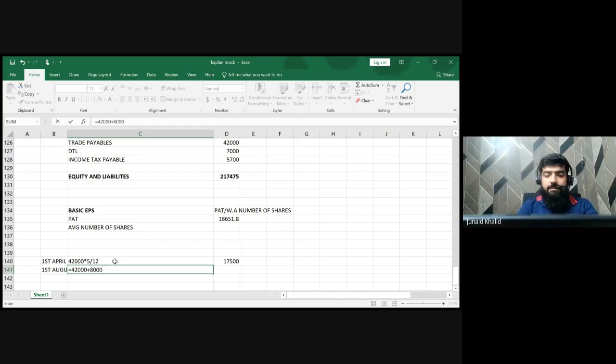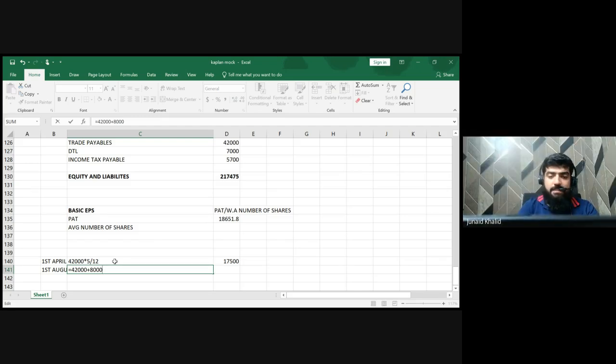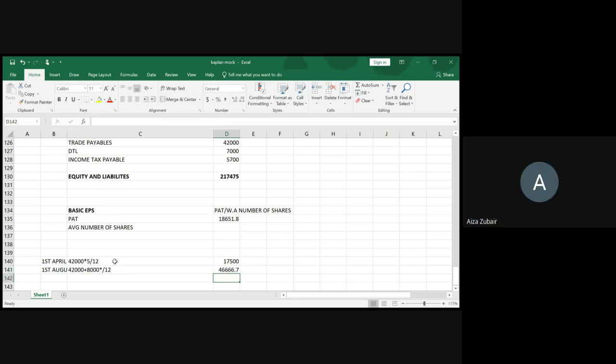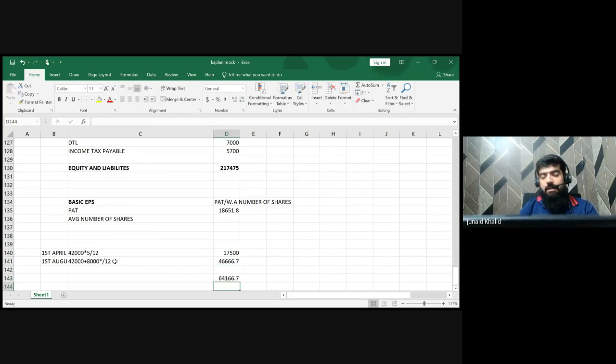And this will remain for how many months? For 7 months. Very good. Multiply by 7 and divide by 12. Are you getting it? Yeah. So now the weighted average number of shares would be 64.66.7.